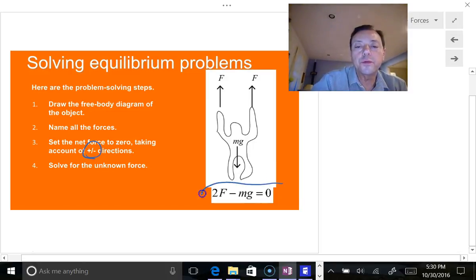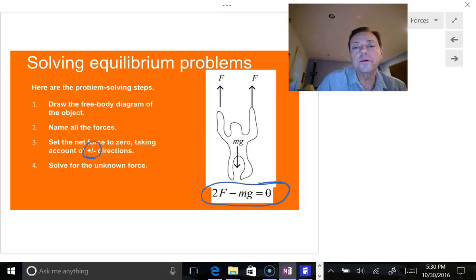This is what we had for the gymnast: 2 forces acting up and her weight acting down was equal to a net force of 0 because you could see right away she wasn't accelerating.